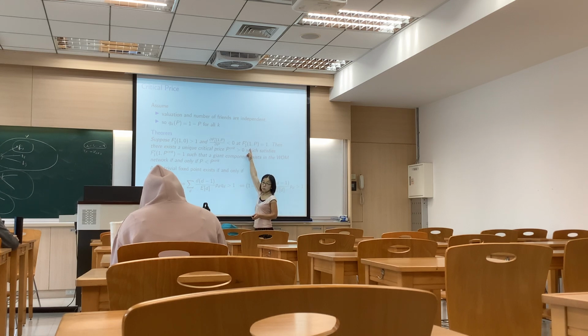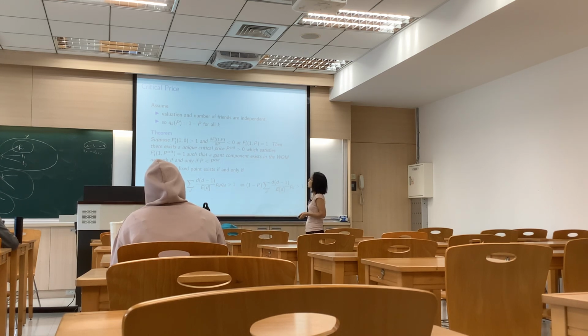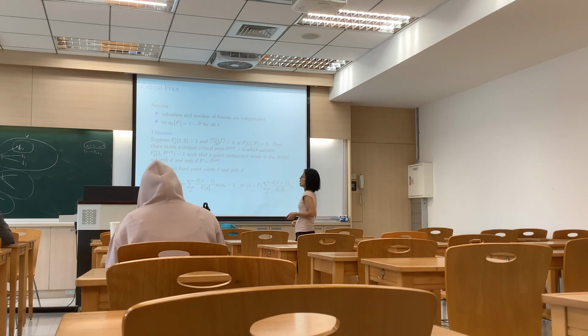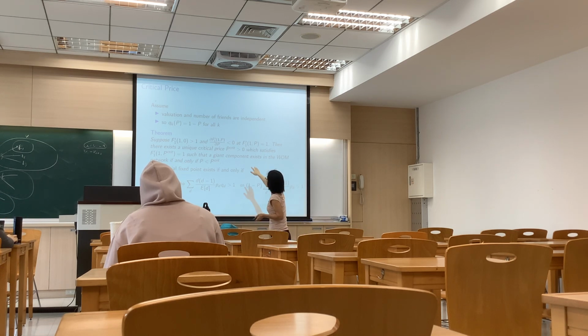F1 prime, the first-order derivative, is the expected value: the expected number of friends of J. What this second assumption is saying is that when price is higher, the expected number of friends J has in the word of mouth network goes down.